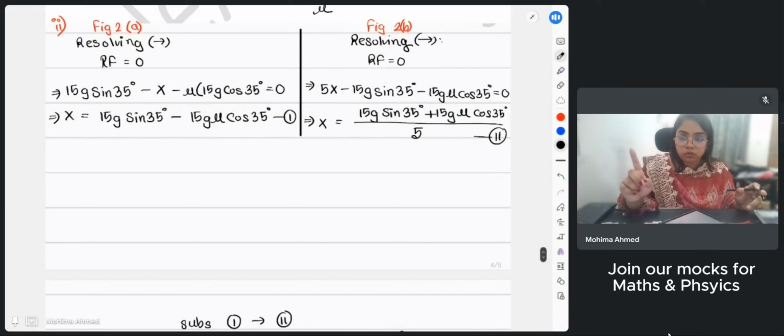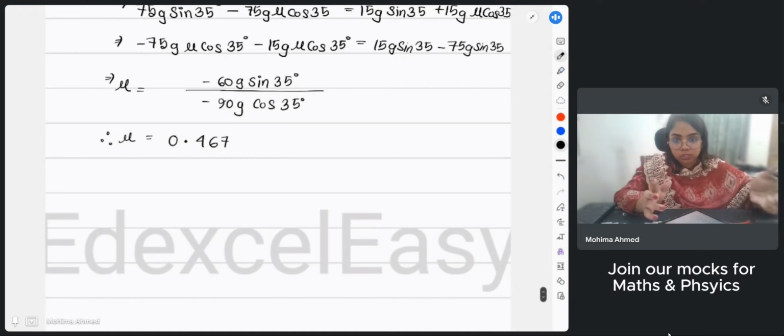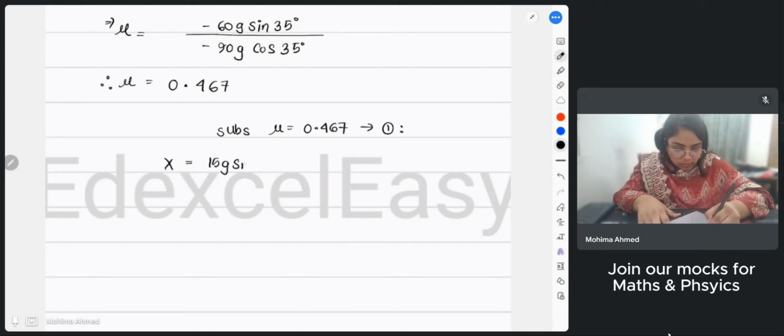Which is obviously easy. I'm just going to substitute the value for mu into equation 1. So I'm going to write substitute mu is equals to 0.467 into equation 1, which was x is equals to 15g sine 35 degrees minus 15g. The value for mu was 0.467. This is multiplied with cos 35 degrees.